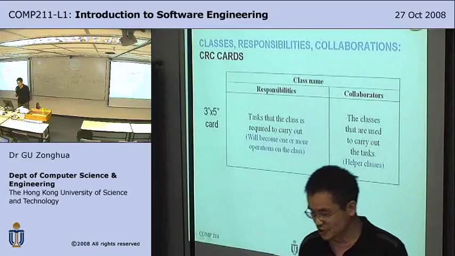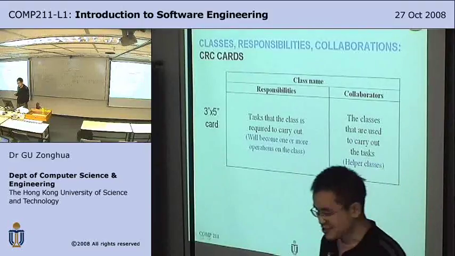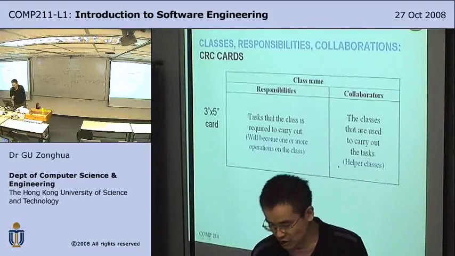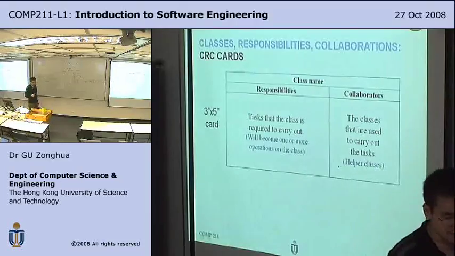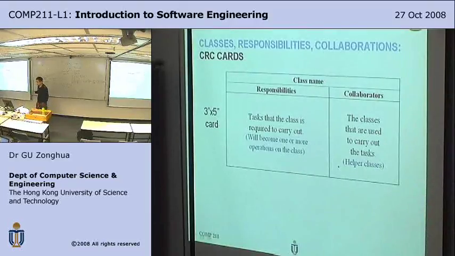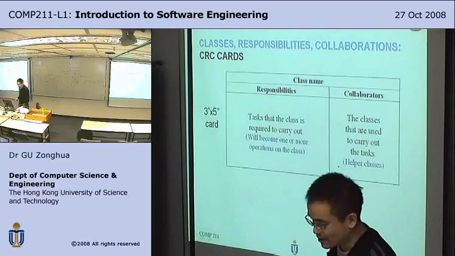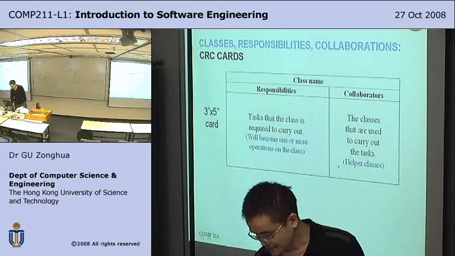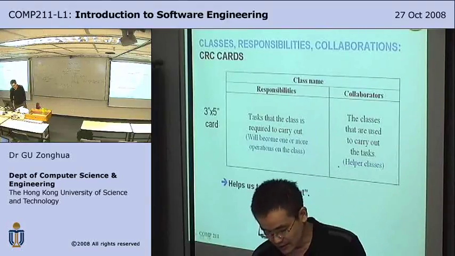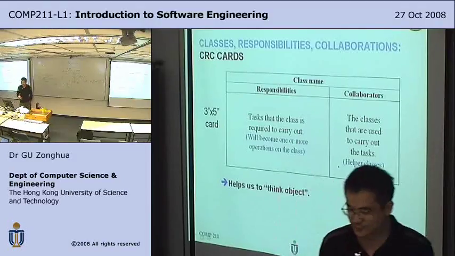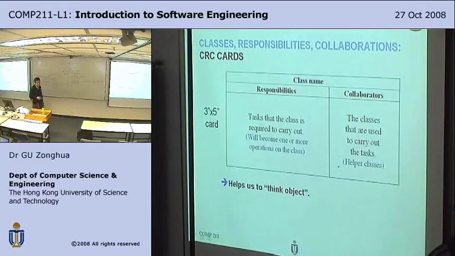And collaborators are the classes that are used to carry out the tasks. They become the associations in the class diagram. So it helps us to think in an object-oriented fashion.